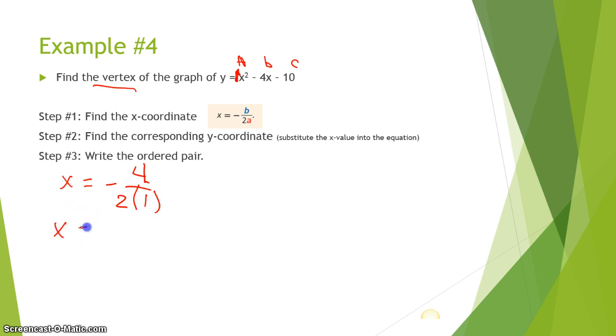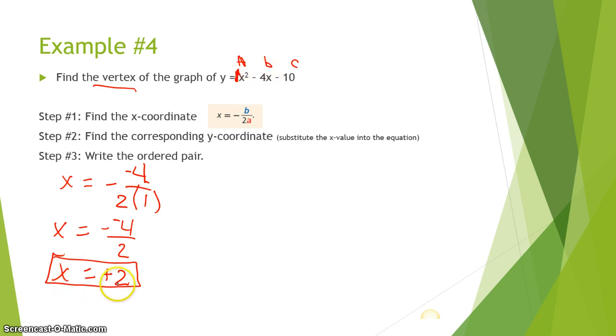So my x equals negative 4 over 2, which is going to simplify to be x equals negative 2. One thing I did forget to put in here was a negative sign with the 4, because it is negative. Negative and negative becomes positive. So my x is actually going to be a positive 2, because of the negative symbol in front of my 4 here.